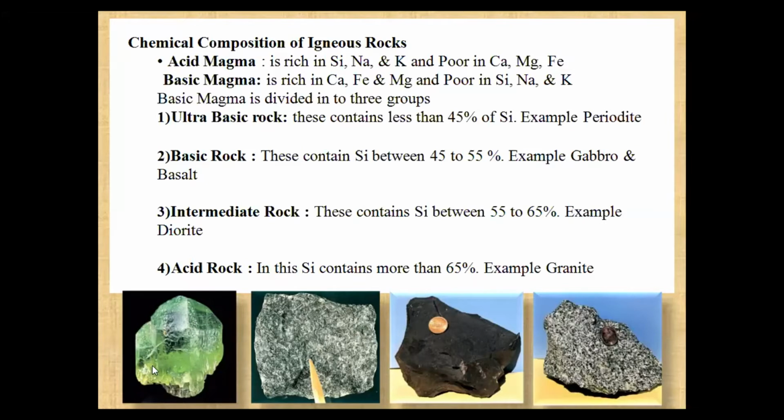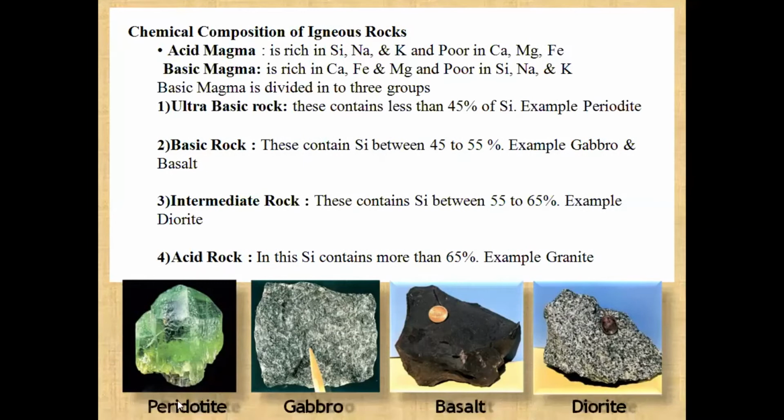Oh, this is a beautiful peridotite, and sometimes peridot is a gemstone variety of this rock, and you can see very beautiful coloration in this. Normally, these types of rock are found in lower crustal levels or upper mantle, where we have the more rich ultra basic magmas.